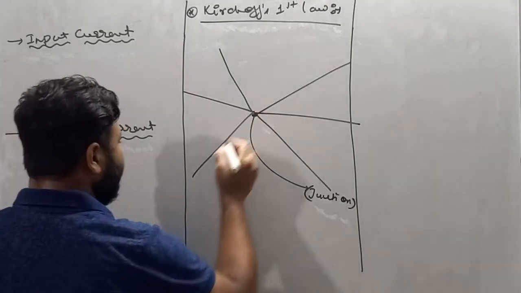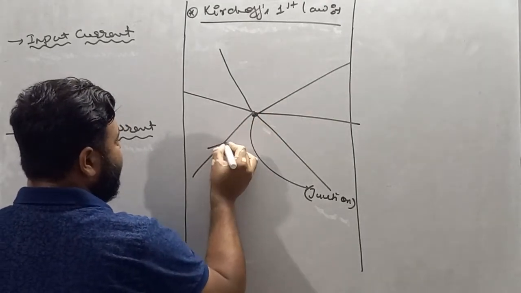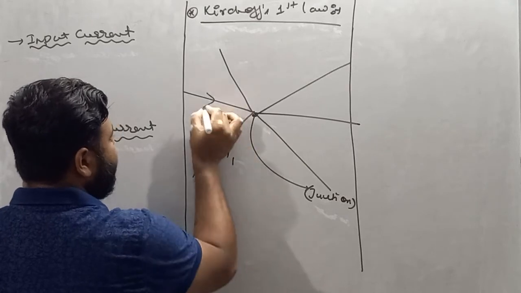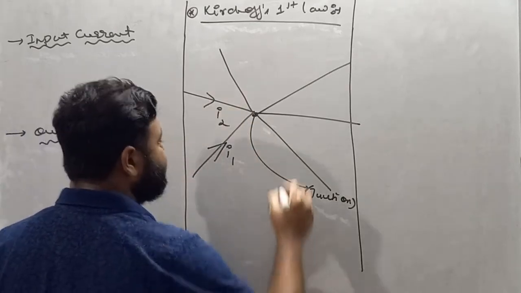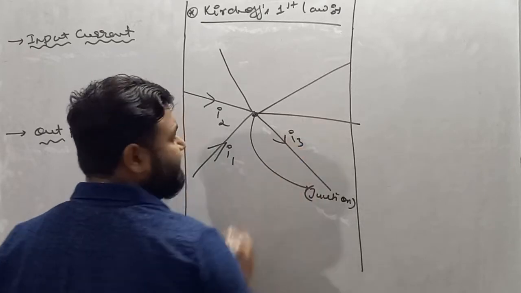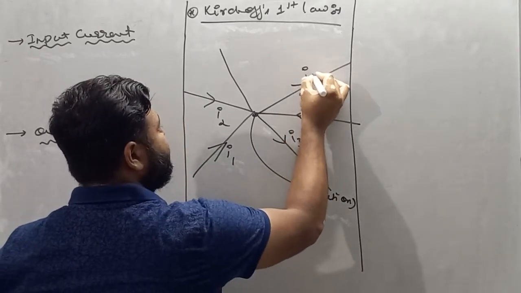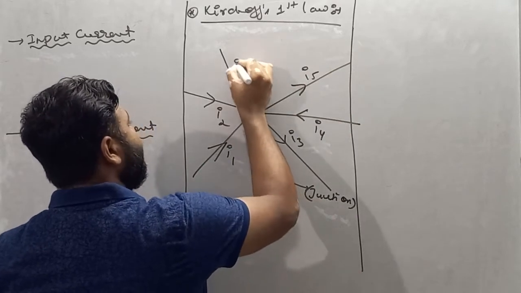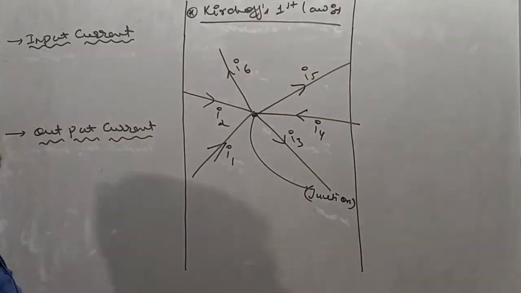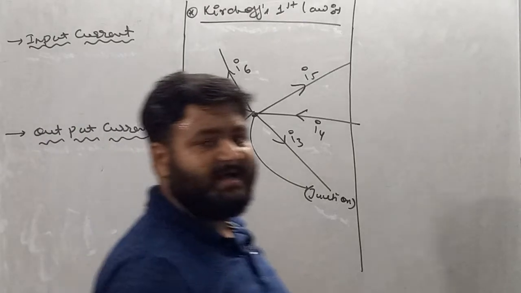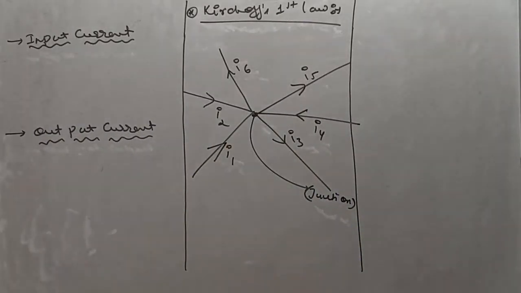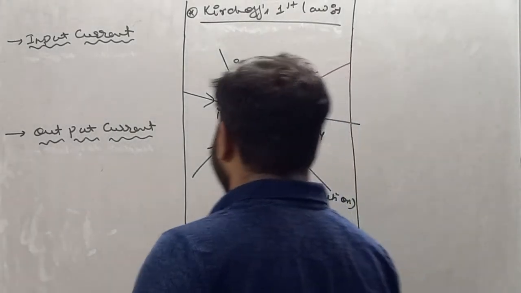Let's suppose in this wire I1 current is going, in this wire I2 current is there, in this wire I3, I4, I5, and in this wire I6 current is there. So 6 wires are there in which different currents are present.